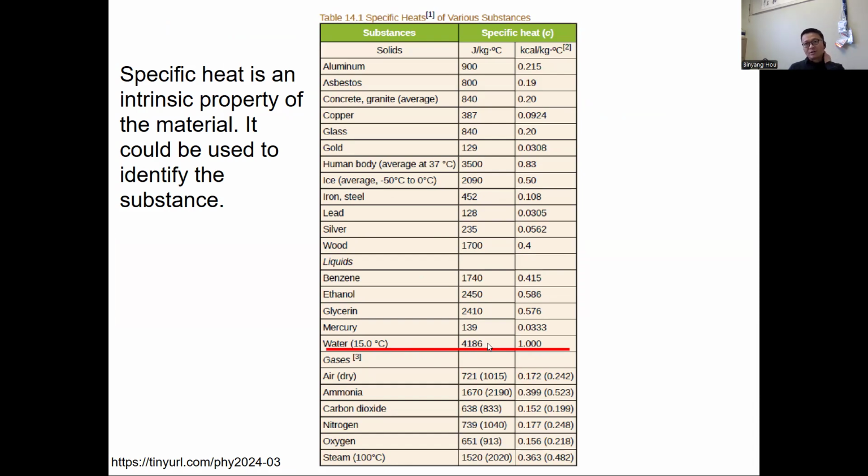And that's why water is often used as coolant. In your car, most of the substance in the coolant is made of water. That's because of its high heat capacity. And metals will typically have lower heat capacity compared to other materials.